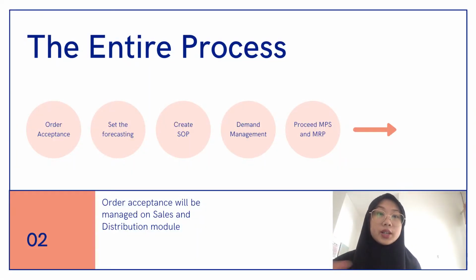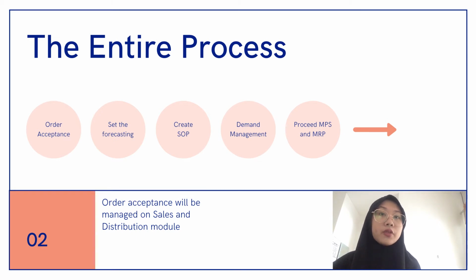Answering question number 2, the process occurs in the entire sales order processing. First, we accept the order, and within this process there are other steps that will be explained in other questions, because this process is defined and operated with the sales and distribution module.